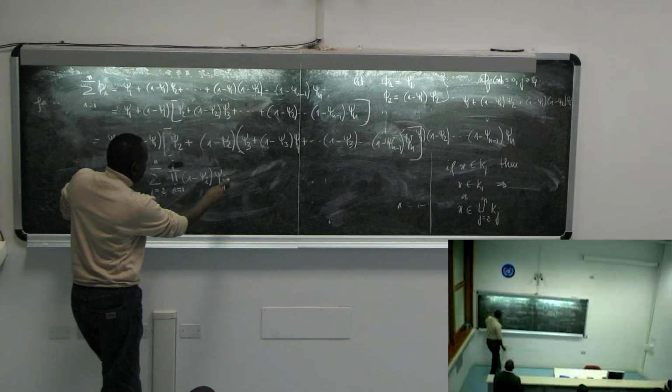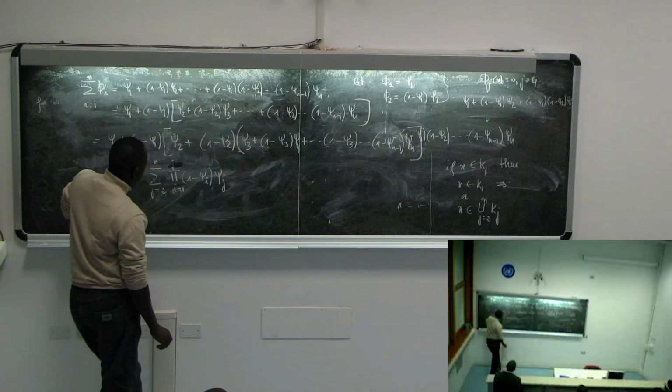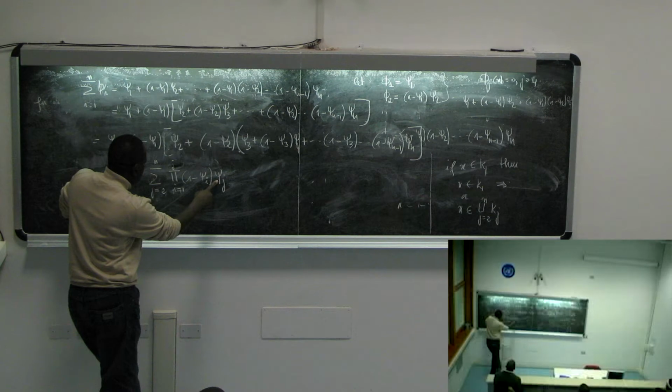We have product to j minus 1. Maybe look at n equals 2 because we are taking the first two terms.